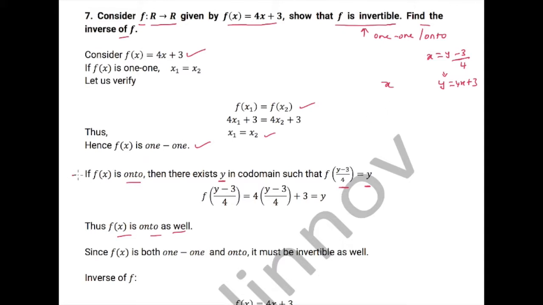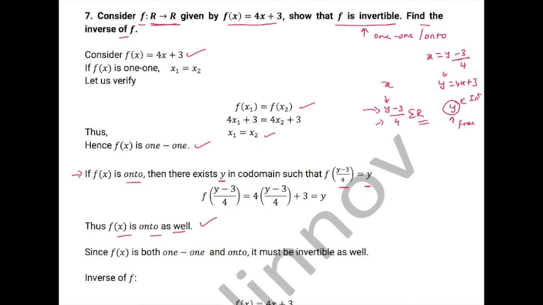So what we really mean by this statement is, if f of x is onto, there is some y in the codomain such that, if I substitute an integer in y, this is an integer now, and this could be a fraction or integer which still lies in R. So if y is a decimal or a fraction, substituting it here, we will still get a fraction or an integer, it still belongs to R, and hence this is onto. Hence it is invertible, that is, the inverse exists.